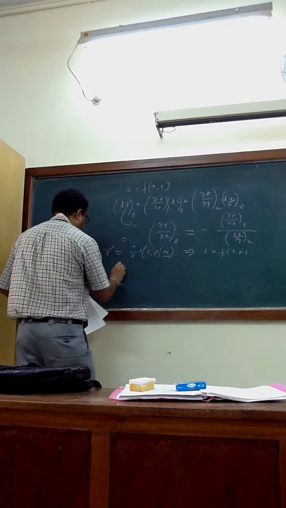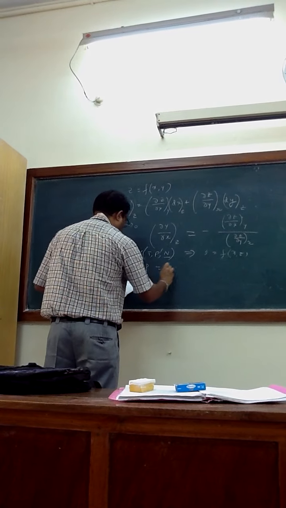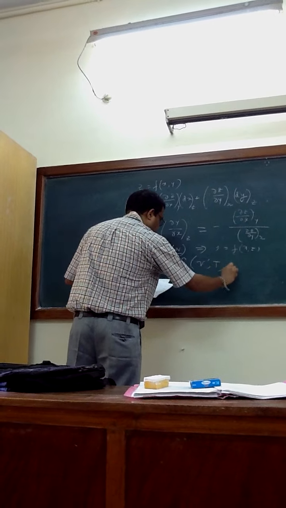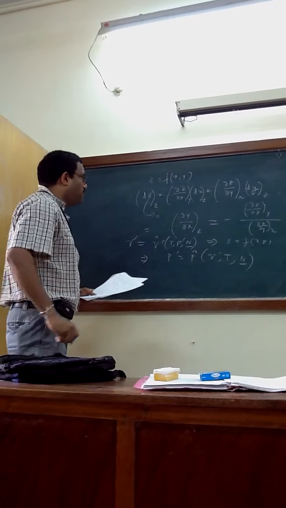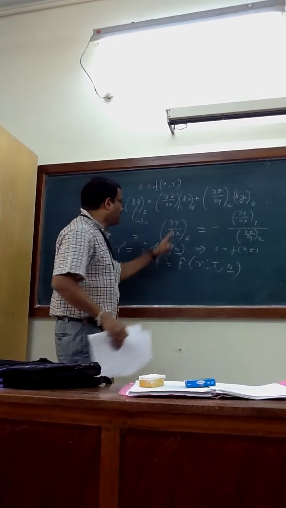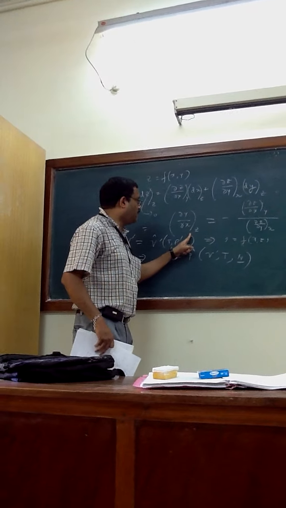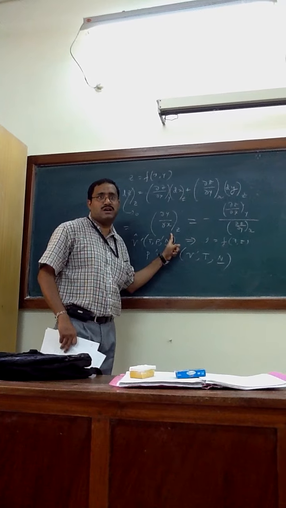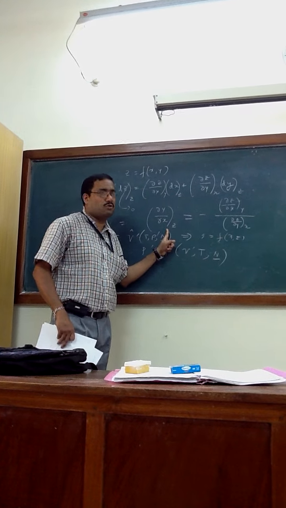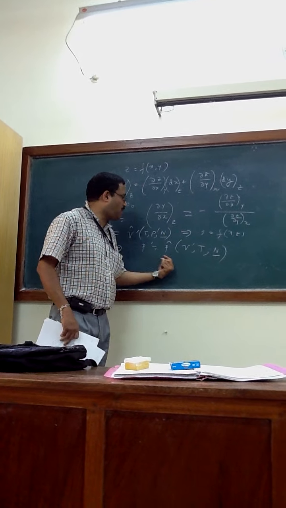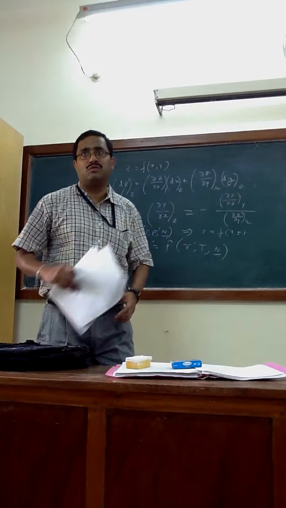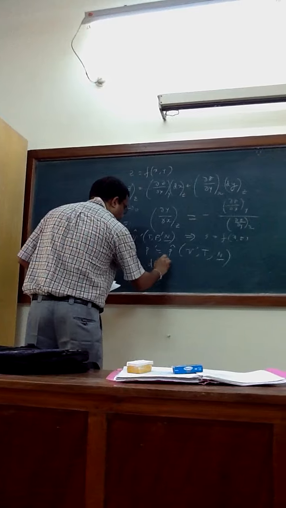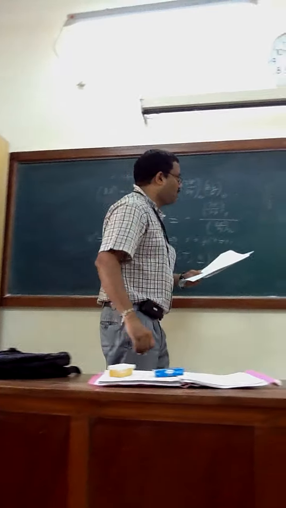So what we have to do is write P' equals P'(V', T, N bar). Because remember that your left-hand side will be y as a function of x, z, and z of x, y is given. That means the way you have to start is P' equals P(V', T, N bar). So what will be dP'?